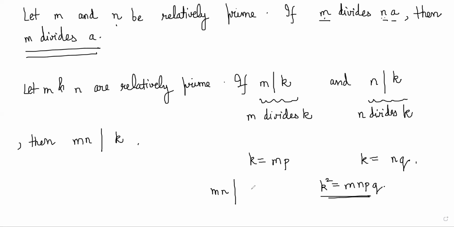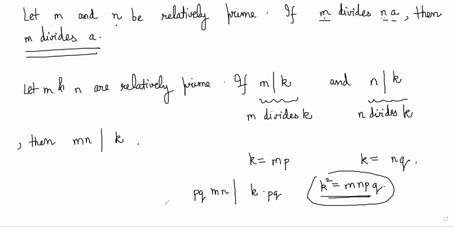And we multiply PQ on both sides here, and we can say that PQ into MN will divide K square. And therefore, MN will also divide K.